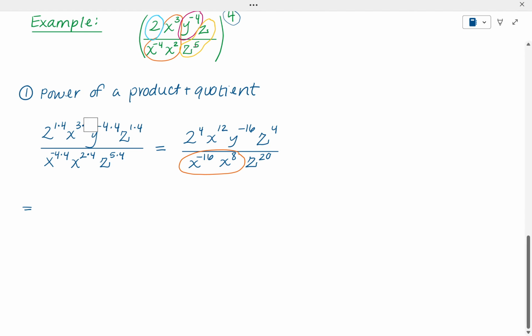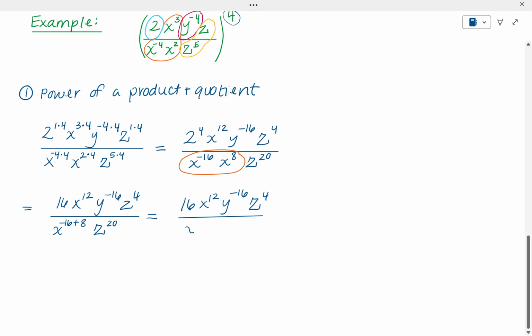So we can simplify that. 16 times x to the 12th, y to the negative 16, z to the 4th, and x to the negative 16 plus 8, and z to the 20. So this becomes, now we can use the quotient rule.